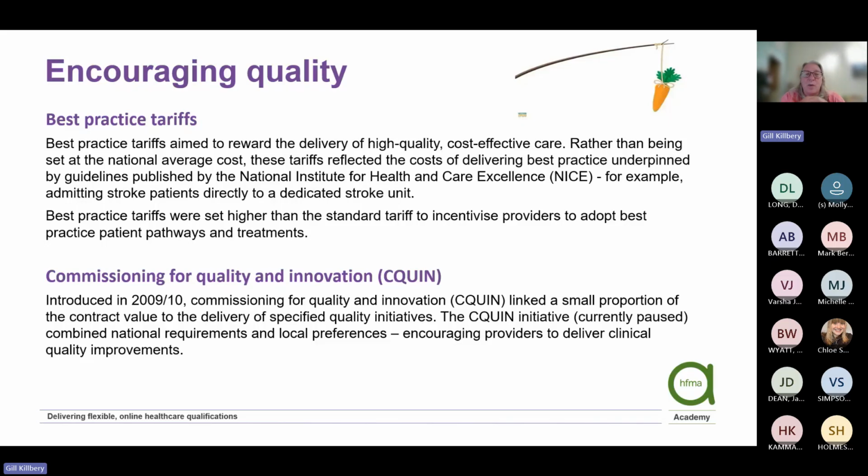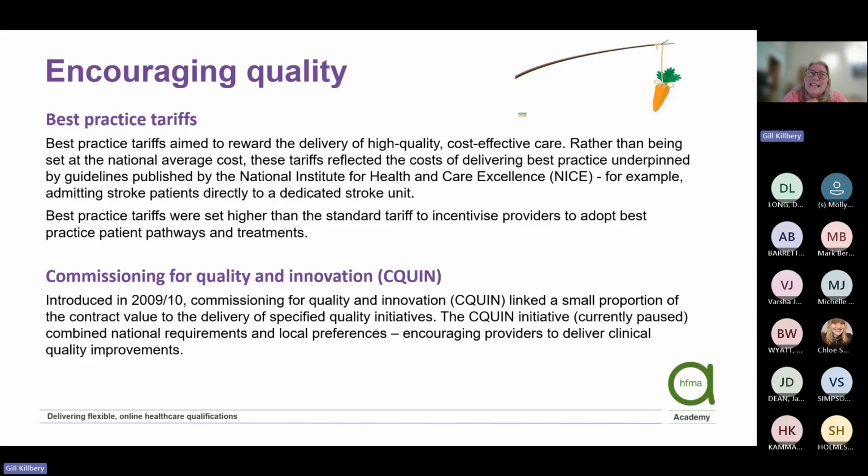Some are national requirements, and some are agreed between the commissioner and provider, generally for the benefit of both. They've been currently paused, but they will come back in, and they're there for providers to deliver clinical quality improvements in the main.